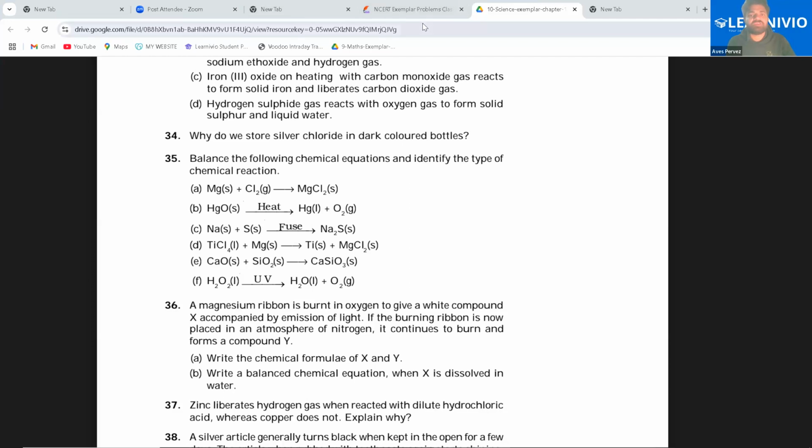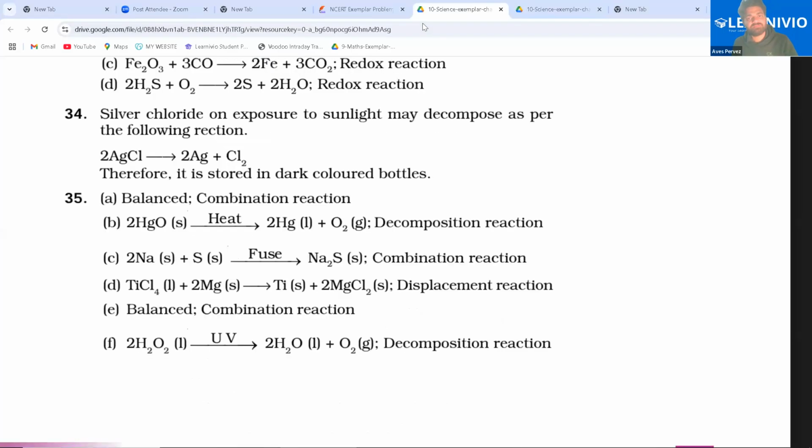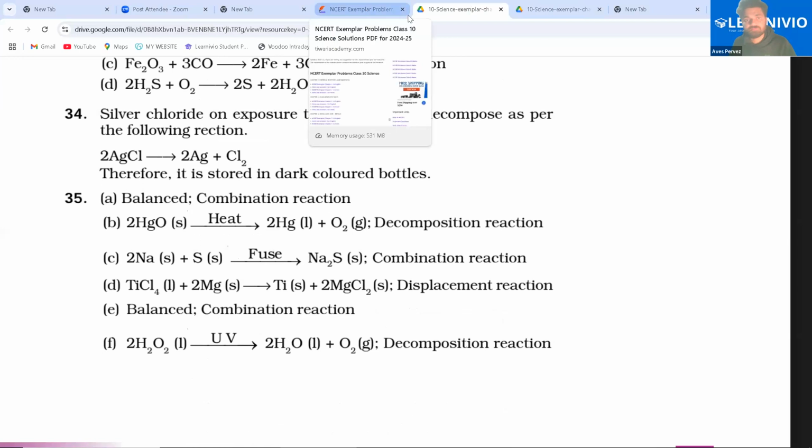So let's check your answer. Question number 35. Was it question number 35? Yes. That first one is already balanced. Check the others.